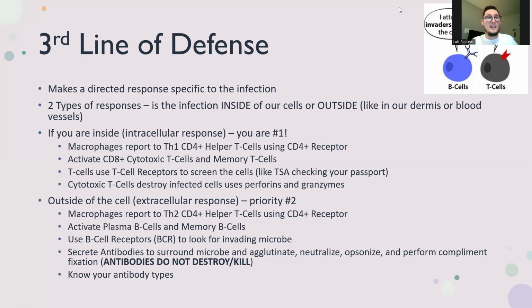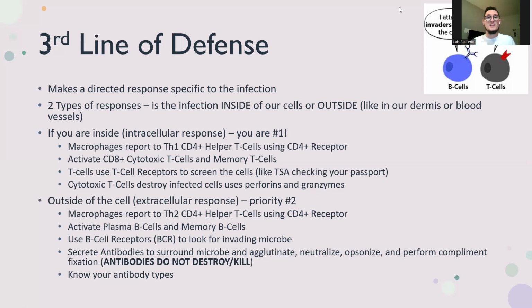So if the infection is inside of our body, you're going to have an intracellular response, or if you remember inside of your cells, and I said body, I meant cells. So inside your cells, understand that you are priority number 1 in your cells. So you're going to have a Th1 response. So macrophages are going to report to the Th1 CD4 helper T cells, and they're going to report using the CD4 plus receptor.